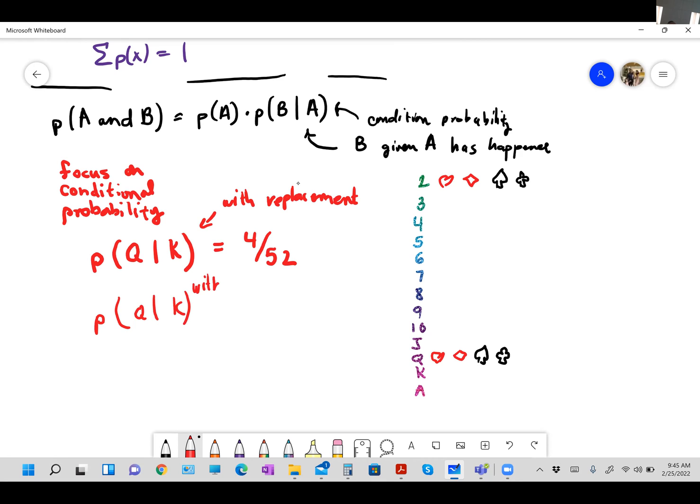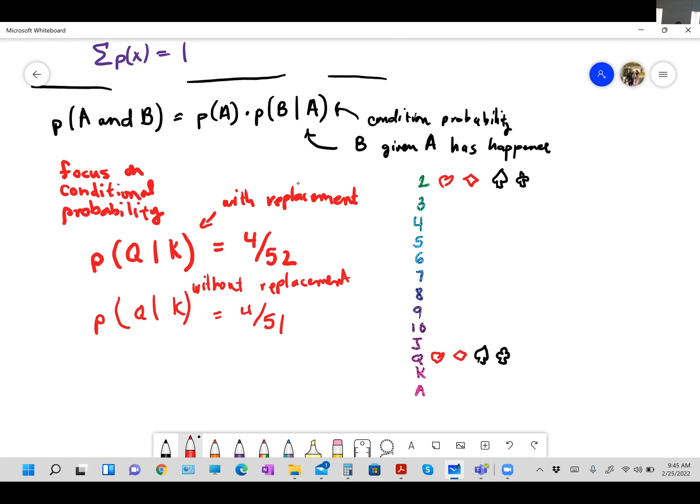And what does that mean? Exactly. What this means is I pick the king first, and I keep it. And then I'm asked, what's the probability to get a queen given king has happened? In this case, it's 4 out of 51. Both of them are conditional probabilities. Our condition on both of these was king has happened.